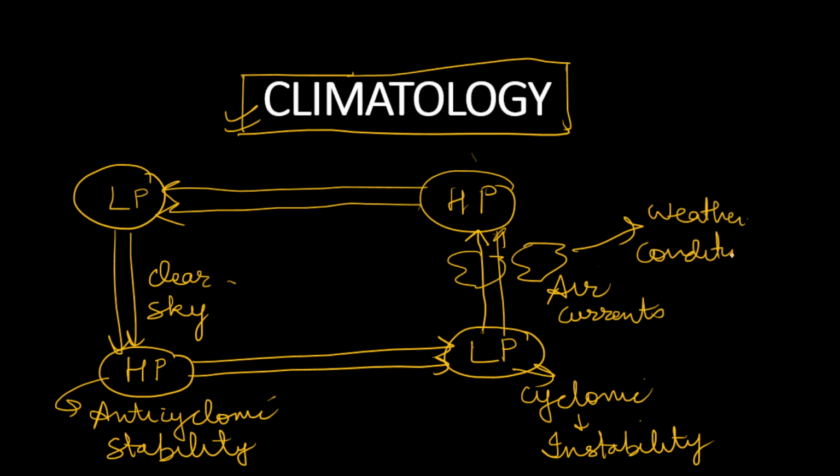Why do you find weather conditions and clouds here? Because the region has instability. Here, due to low pressure and cyclonic conditions, there is instability, and the weather conditions are generally air currents plus moisture.